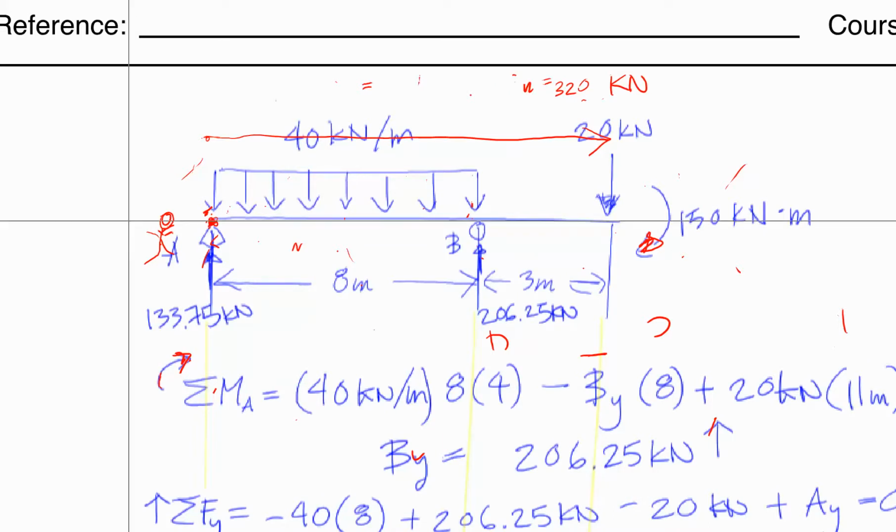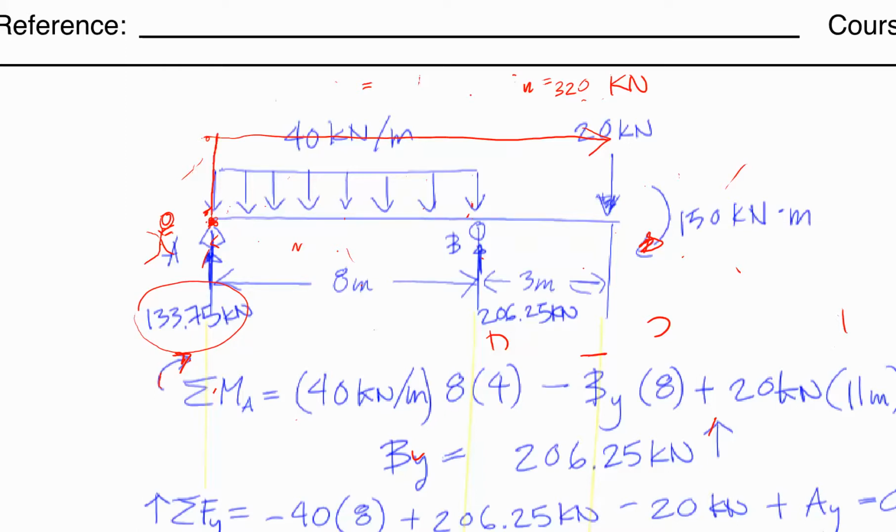That's the key component we have to think about. So here I have 133.75. I take the elevator up. And 40 kilonewtons per meter. Now that's a vertical load, but it's stepped per meter. So it's 40 kilonewtons per meter.